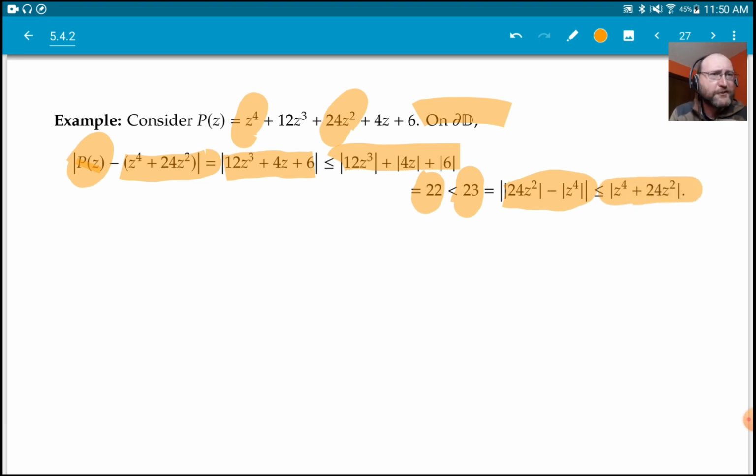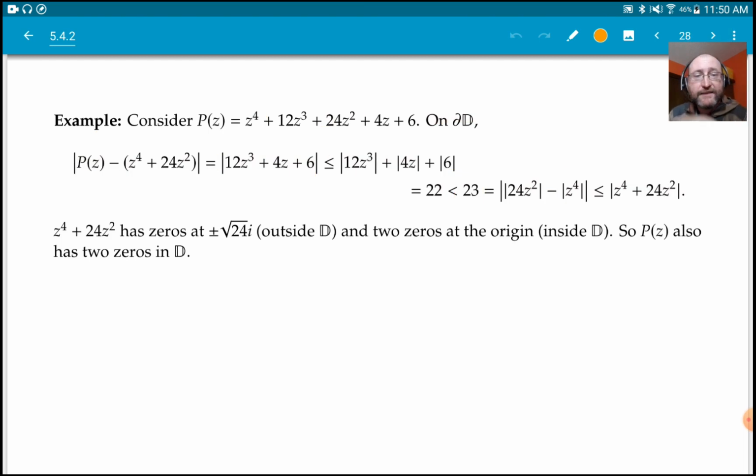And by the inverse triangle inequality, this is greater than or equal to precisely the thing that I subtracted, right? So applying Rouché's theorem, the number of zeros of P inside the unit circle is the same as the number of zeros of this thing, because there was this strict inequality over here.